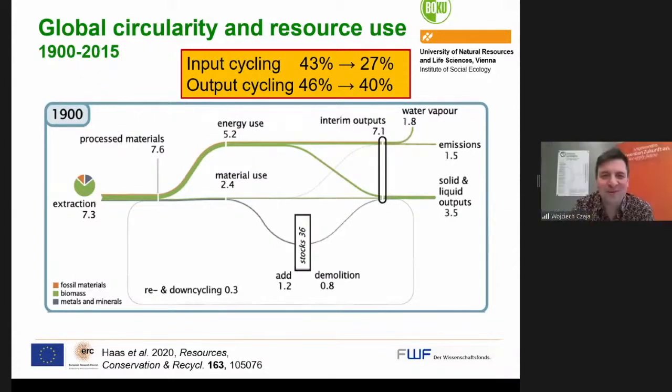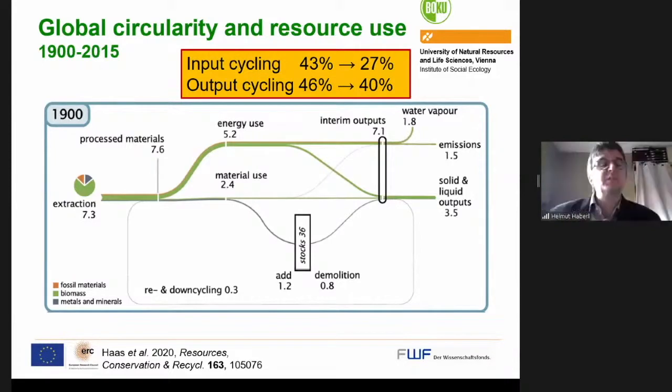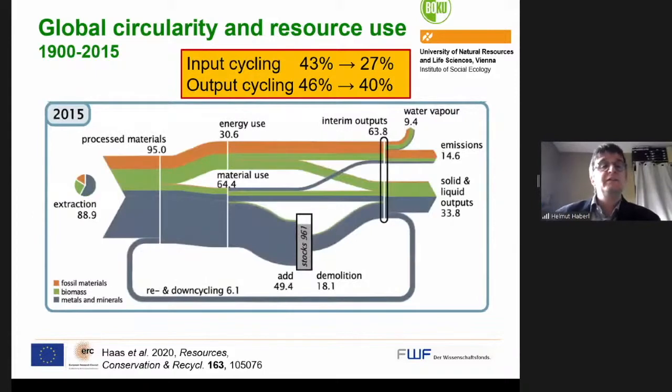Roughly good. I will also show you some patterns on the global circular economy, because we had a big discussion on circular economy. And actually what we see when we move, this is the picture in the year 1900, this is the picture in 2015, is that the circularity of the global economy has decreased, not increased.